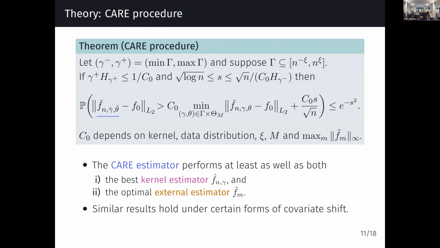This means that as long as there exists a good estimator somewhere in that blue region that I showed before, this procedure will find it up to some √n consistent error. In particular, you're free to choose specific points in that simplex. So you're better than the best point in the simplex, which means you're better than any of its extreme points. And so the CARE estimator must be at least as good, up to some constants, as just the existing model and just your new model. Maybe this isn't a very groundbreaking thing to say, but it's good to know that you're robust against these kinds of things.